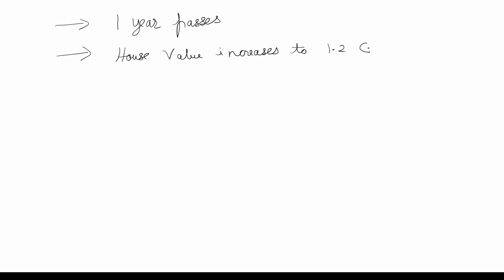When I bought it, it was 1 crore, and in 1 year's time, let's assume the house value goes to 1.2 crores. Basically, 1 crore becoming 1.2 crores, we are actually talking about a 20% increase in the house value.